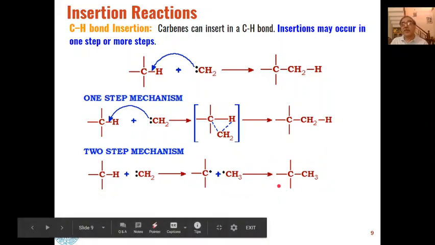But this reaction takes place in two steps. In the first step, these radicals are formed, and then in the second step, these radicals join to form the product. The first step is the slow step, whereas this step is a fast step.